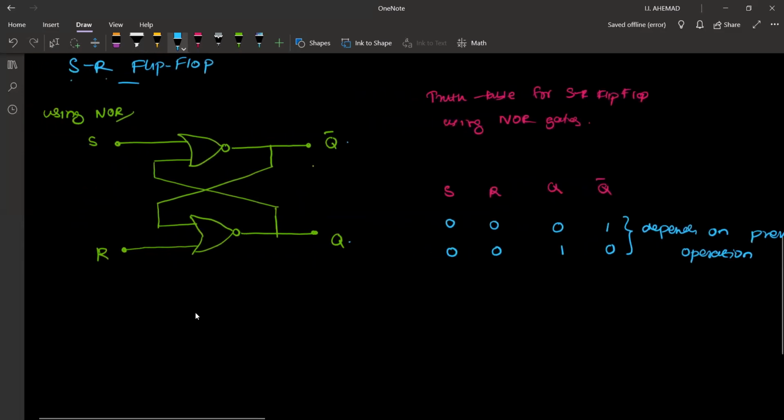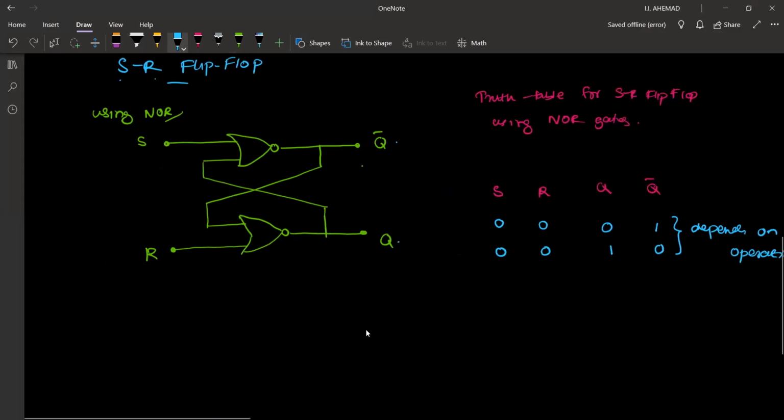Okay, and then we have set and reset. When set is 1 and reset is 0, Q will become 1 and this will remain 0. When I reset, the opposite will happen.